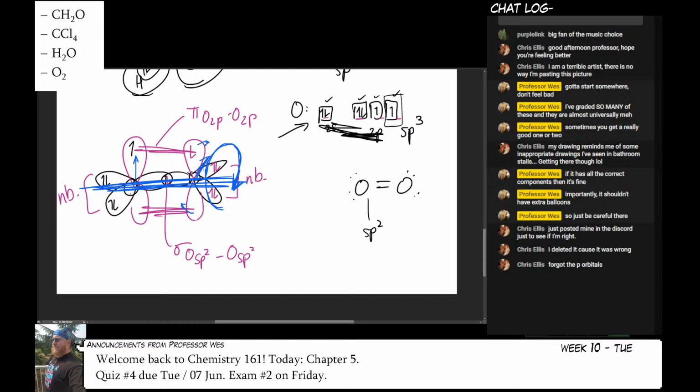They won't be parallel to each other anymore, and so they won't line up. If you try and rotate around the central bond in this molecule, where it's a double bond, the pi bond breaks. And as a result, anything that has a double bond cannot be rotated around that axis.